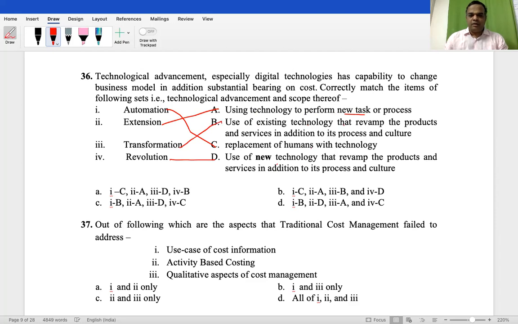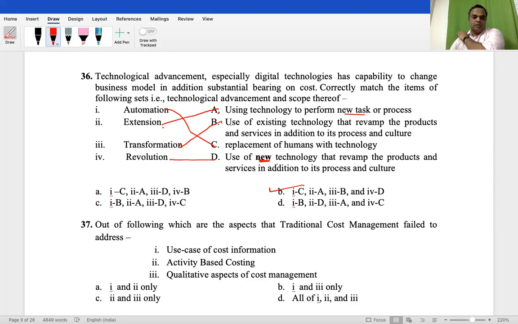Transformation is use of existing technology and revamping the product and services in addition to its process and culture, whereas revolution is for new. So 1C, 2A, 3B, and 4D. Option B.